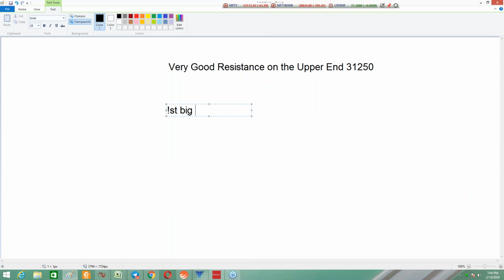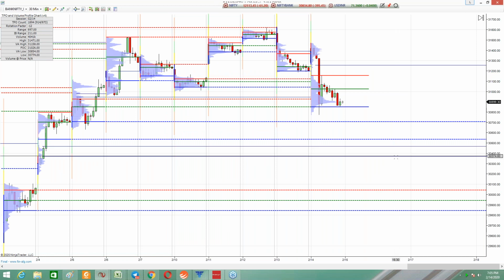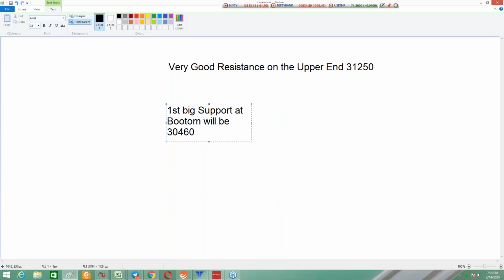First big support at the bottom will be 30,460 to 30,360. These are the futures levels which are very important, the strongest support available.